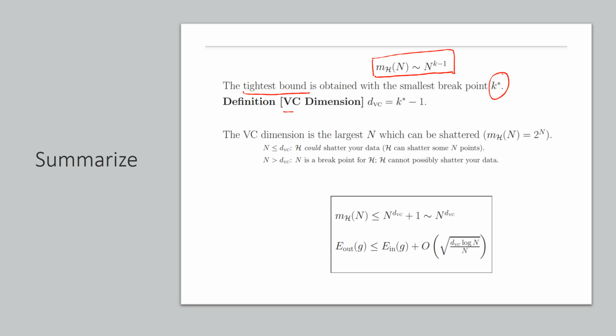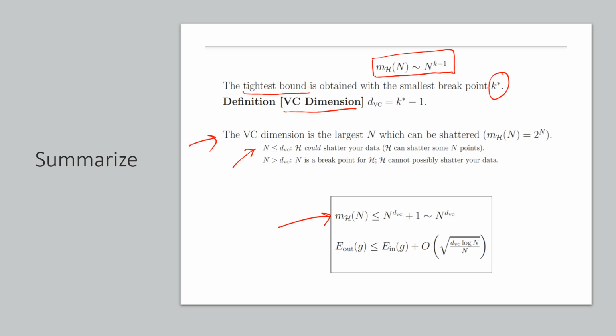We have defined the VC dimension, which is the tightest breakpoint minus 1, and the VC dimension is the largest n which can be shattered. If n is less than my VC dimension, you can shatter those n points, and if n is greater than my VC dimension, then n is a breakpoint for H. What does that mean for my growth function?